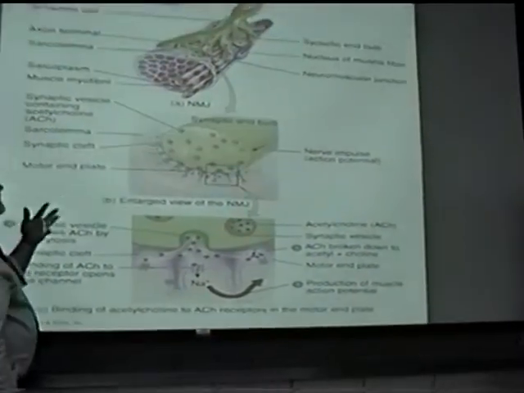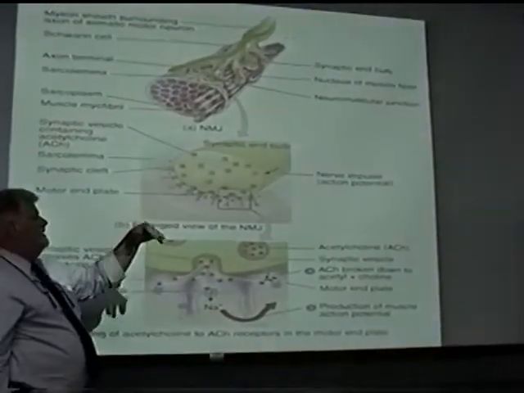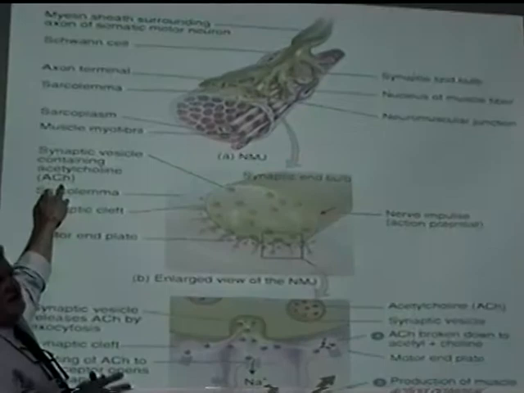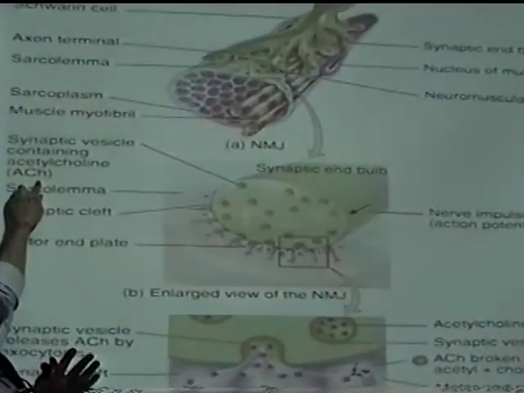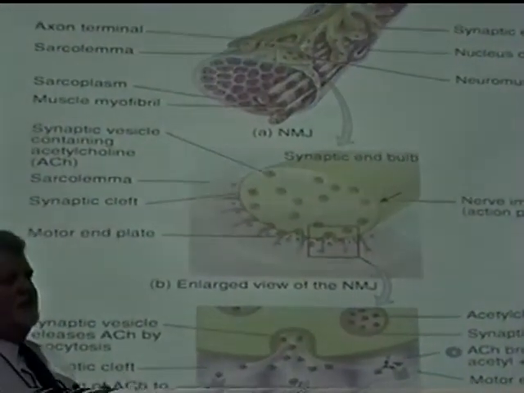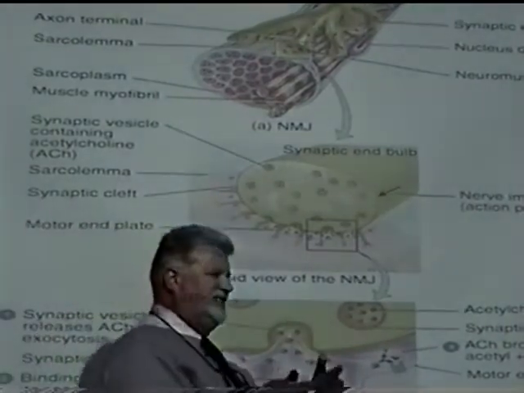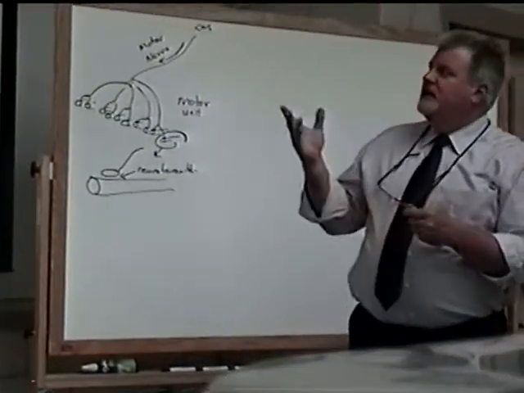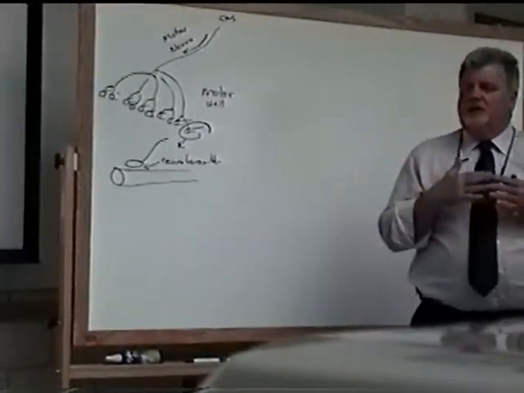What we see in the synaptic end bulb, which is the end of the nerve, are the synaptic vesicles that contain our neurotransmitters. For skeletal muscle, the neurotransmitter is acetylcholine, and those are pre-made, pre-existing. So we have these synaptic vesicles of acetylcholine in the synaptic end bulb.